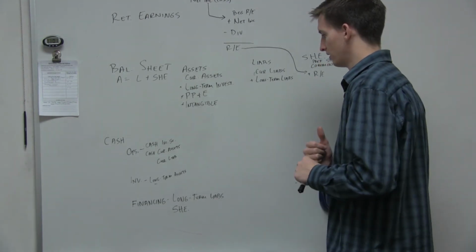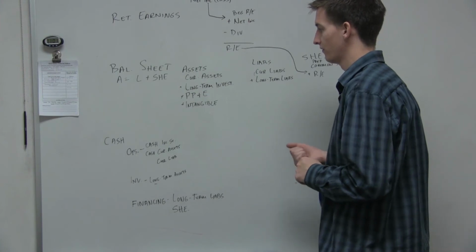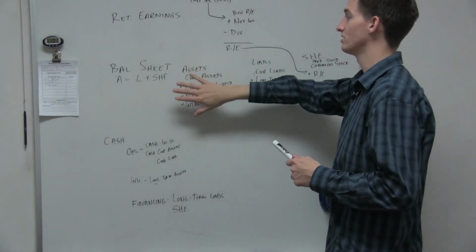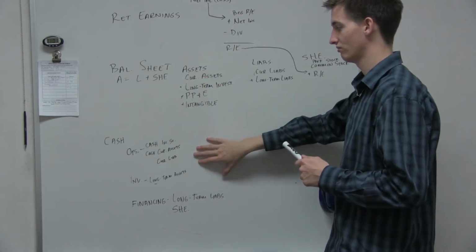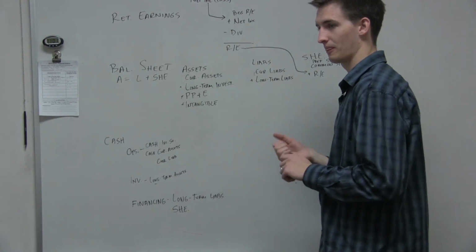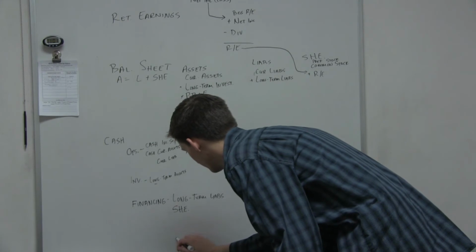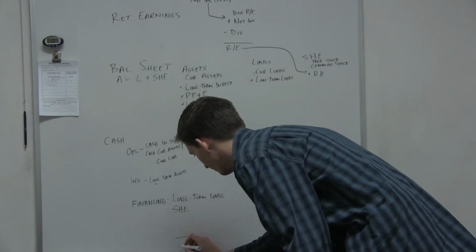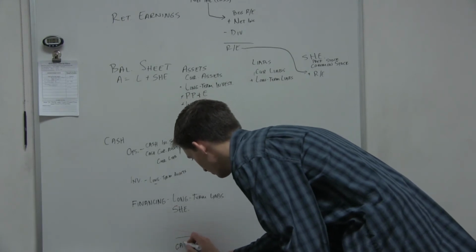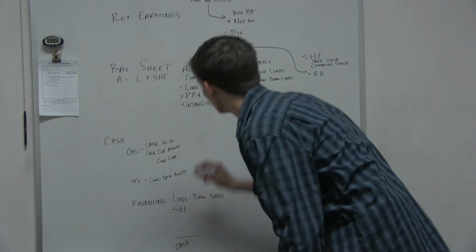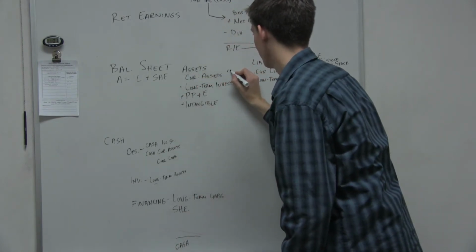Yeah. Does anything flow from these statements up above into cash flows? Well, if we looked at the balance sheet, at the very bottom we're going to see what our cash is, right? So within our current assets, there's cash.